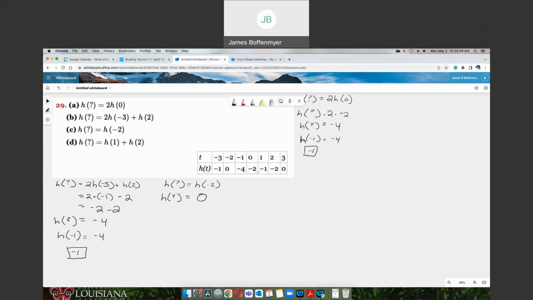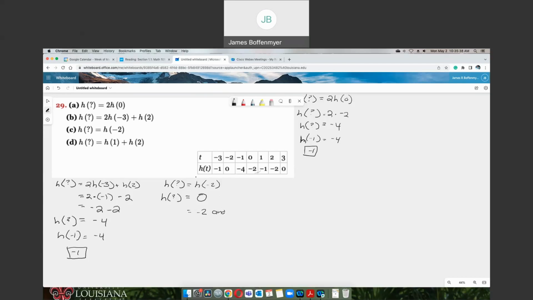So now we get to find all the h values that have 0. What are the corresponding t values? If we go to the h row, we have 0 right here, so the corresponding t value is -2. Hey, wait a second. We've got another 0 over here on the h row. We've got two answers.